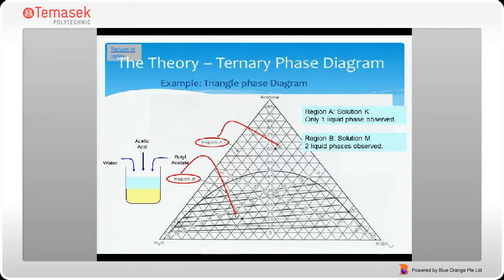If a solution's composition lies within region B, for example point M, then two liquid phases will be observed. The next question then is, what are the compositions of the two liquid phases? They must be different.